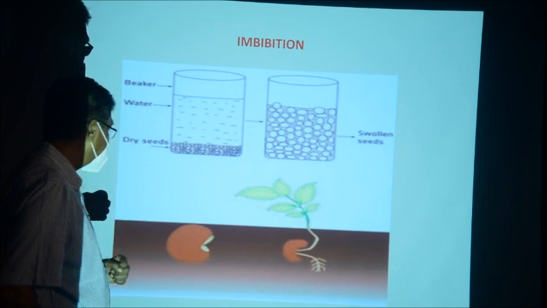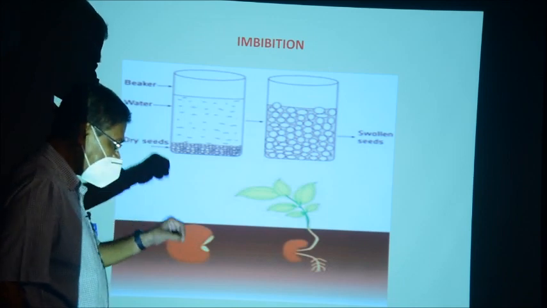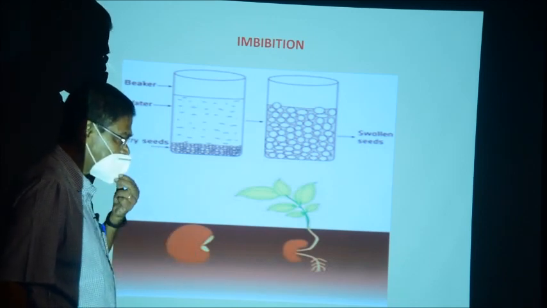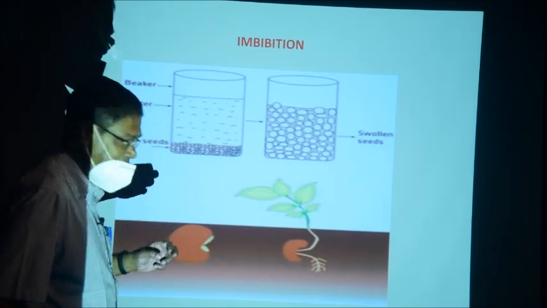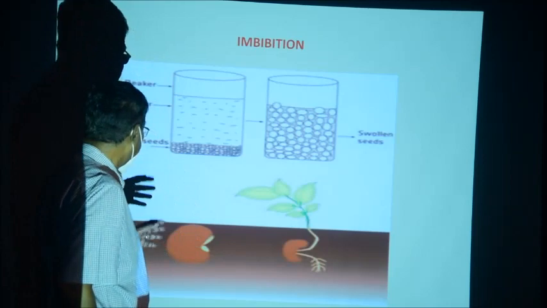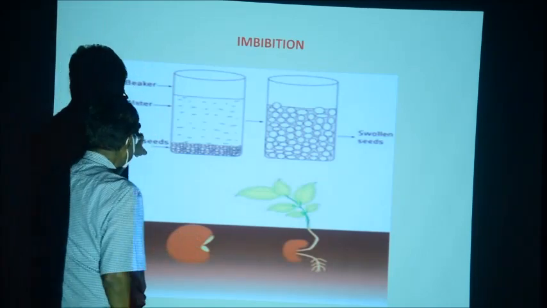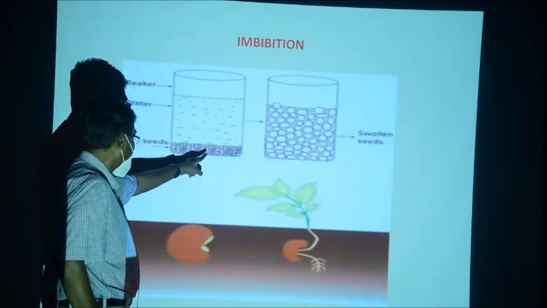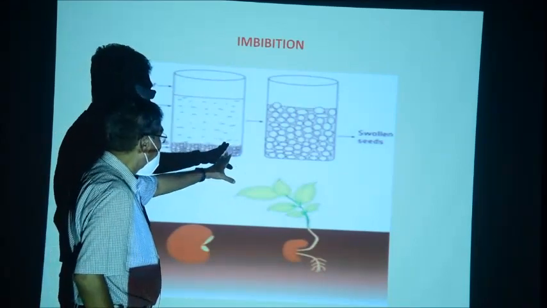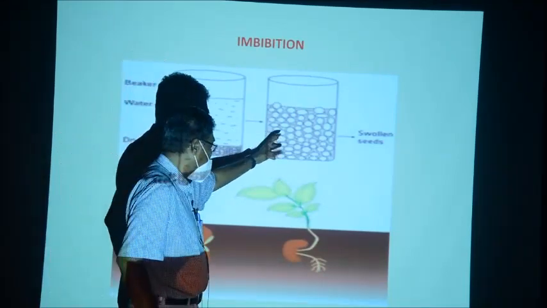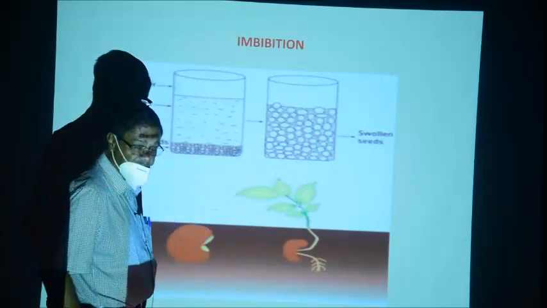You must have seen that when you dip seeds in water, they swell up. Why? Because of adsorption. Here there is a beaker, and here dry seeds are there, and there is water. After some time, you will find that the seeds are swollen.